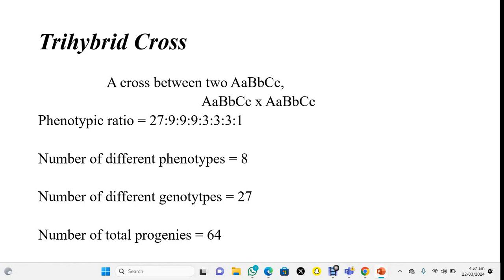The ratios that indicate two dominant genes are 9, 9, 9. So to calculate for the two dominant genes first, you're going to have 9 over 64 plus 9 over 64 plus 9 over 64. Or, right, because it's either the person is at the two dominant genes or the three dominant genes.